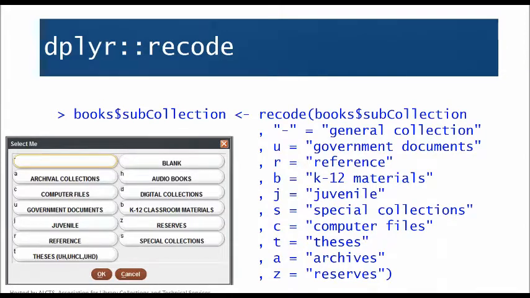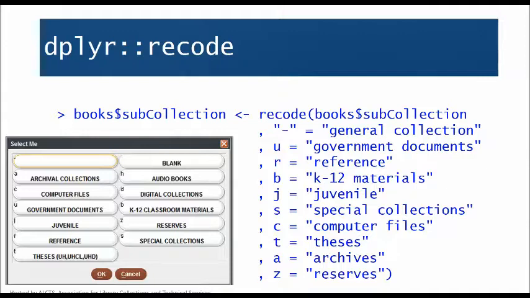So what I want to do is recode all of those to be meaningful. In this case, I'm not calling on the object, the data frame. I'm using the vector. So in other words, I'm saying books$subcollection, that's the vector, that's the column, is going to have assigned to it a recoded books$subcollection.